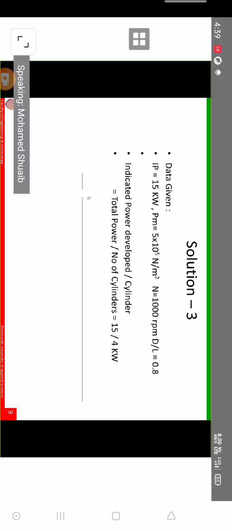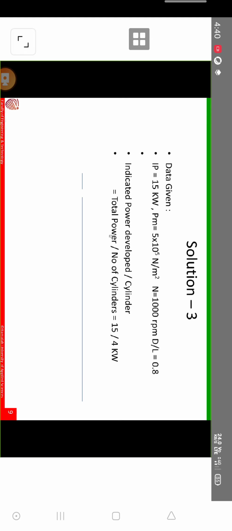See here what they have done. Total power they have given as 15. Since it is for a 4-stroke, they have taken it as divided by 4. That means they have taken it for an individual cylinder. Instead of taking K is equal to 4, they have done it here. If you are not getting it, please let me know.